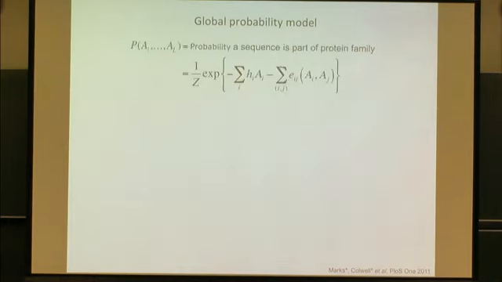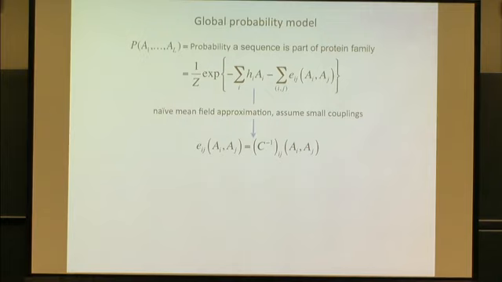Because this is not continuous data, these variables take one of 20 states. So I end up with a Potts model where I have single site terms and pairwise interactions. This literally gives me a probability model for whether a sequence is part of a protein family. And I'm going to fit those interactions using an assumption that the couplings are small.